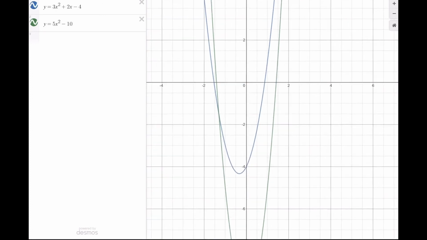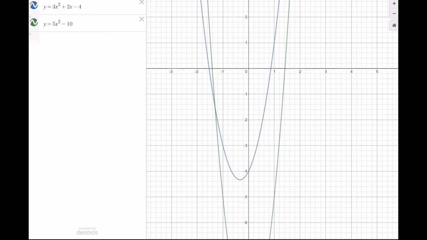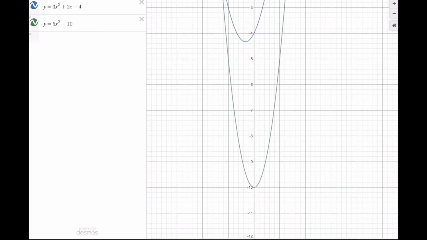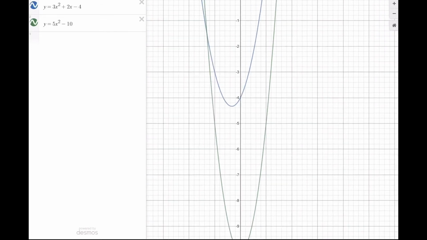Look at that. My first sketch was pretty accurate. The scaling was a little bit off, but it was shifted slightly to the left, and it does have the right side touching the negative 4. And the second one is centered around the y-axis, and it touches at negative 10.